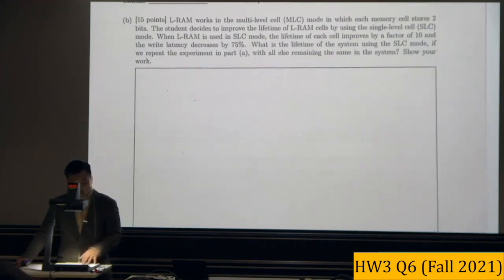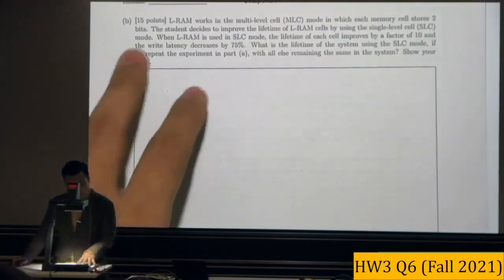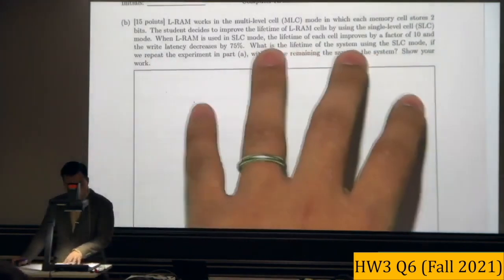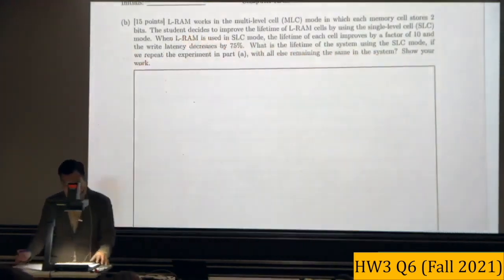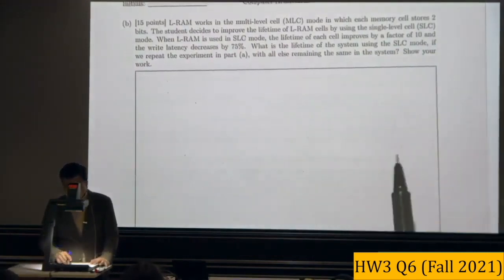And students decide to improve the lifetime of LM cells by using the single level cell SLC mode. So in part A, a cell stores 2 bits, but in part B, we change the cell to store just 1 bit value.